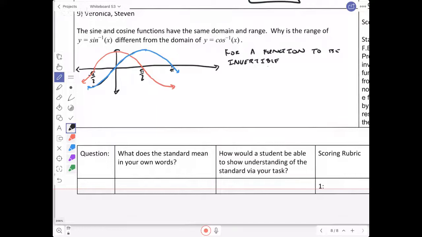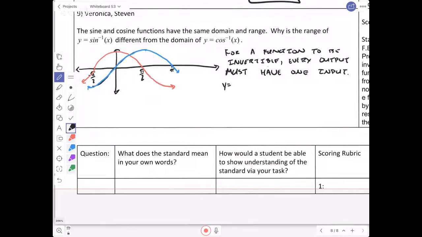For a function to be invertible, every output must have one input. Let's see.